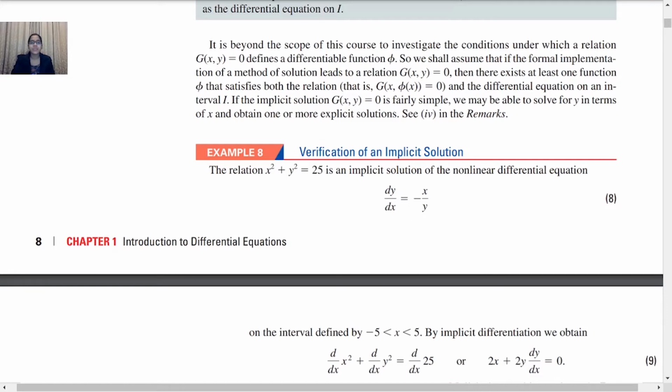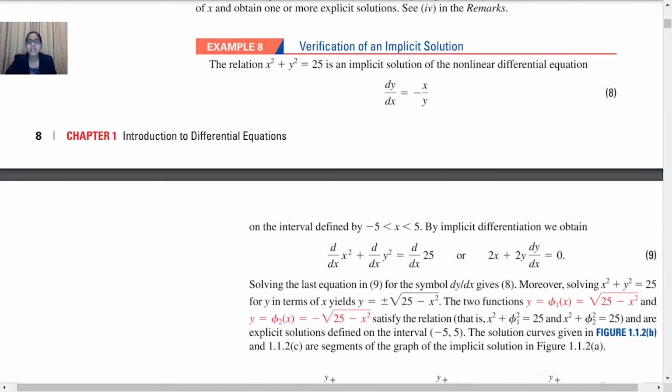How can we verify that? I am going to differentiate this whole equation. When I differentiate, I get 2x plus the derivative of y² with respect to x, that is 2y dy/dx, equal to the derivative of a constant, which is 0.